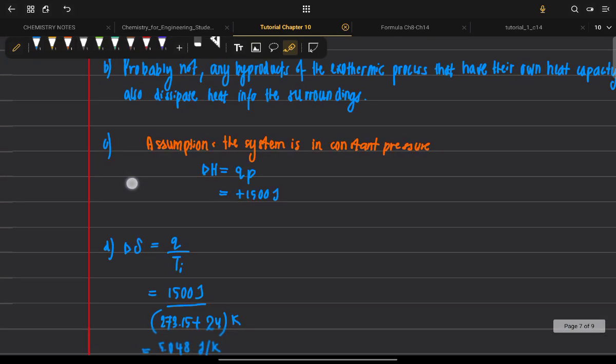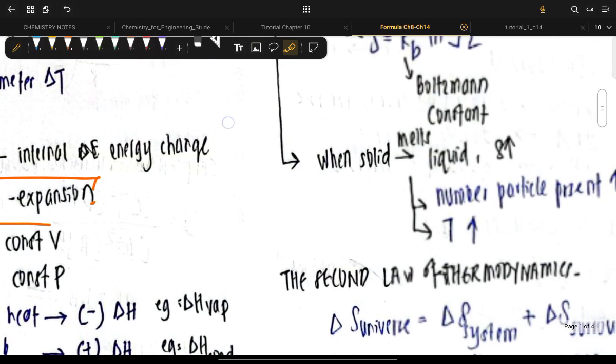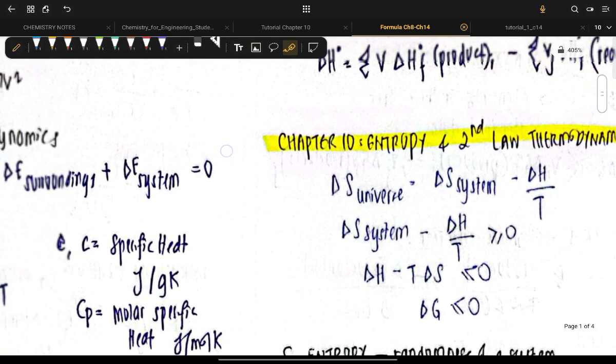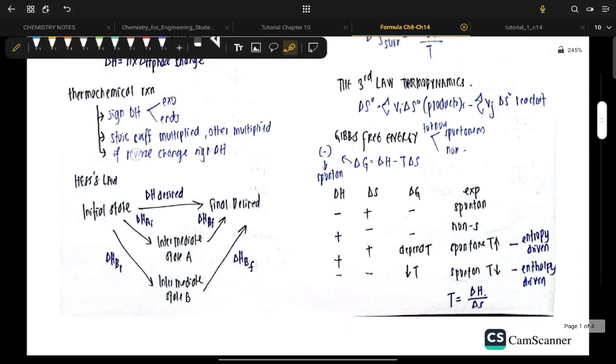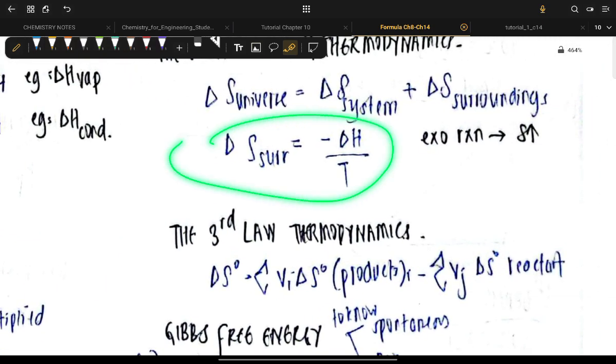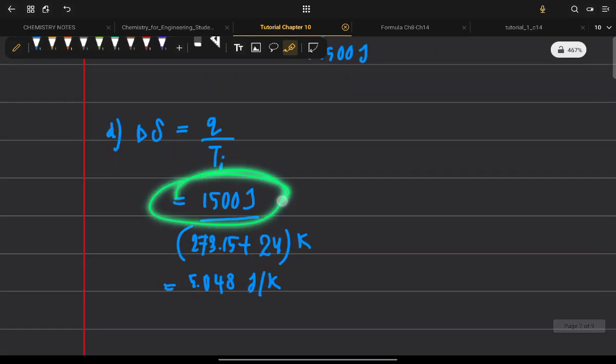The formula is delta S equals Q over T. I got the answer as 1500 joule over the temperature in Kelvin.